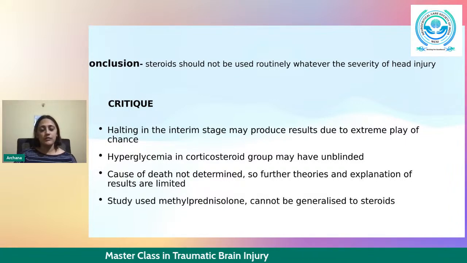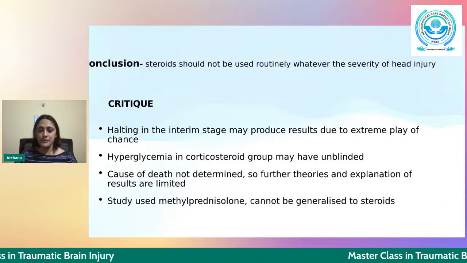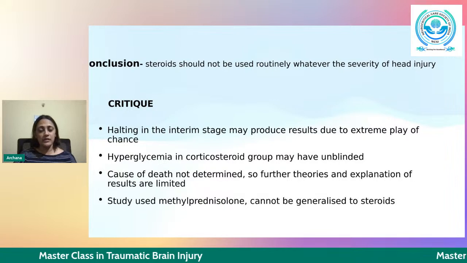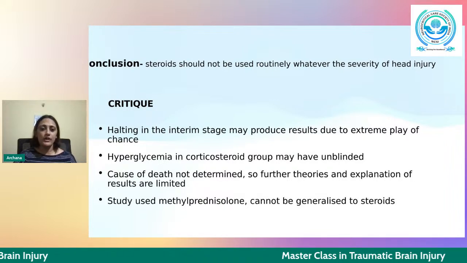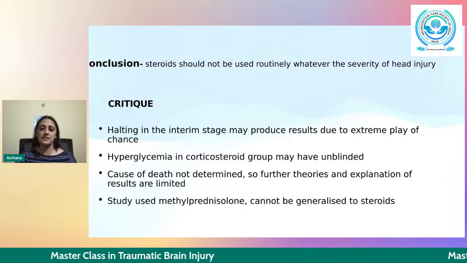This study was critiqued as it was halted in the interim stage, proving the futility of the study, stating that the corticosteroids actually harmed the patients with traumatic brain injury, and this halting in the interim stage may produce results due to the extreme play of chance.